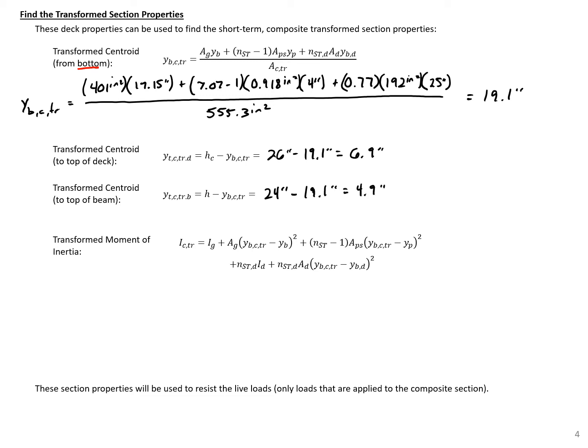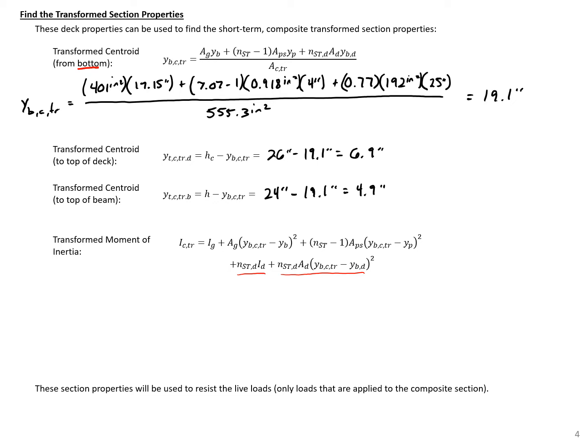And then we can also calculate our transformed moment of inertia. So again, we're going to use parallel axis theorem, and we'll have two additional terms. We'll have the transform moment of inertia of our deck and the transformed AD squared component for our deck as well.